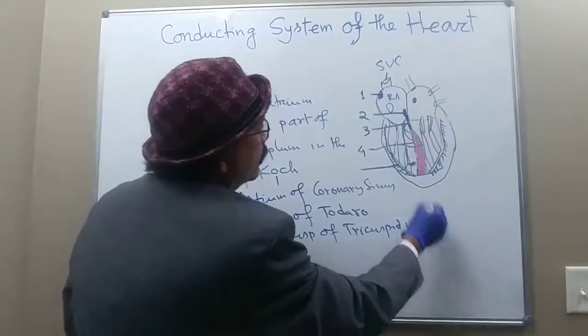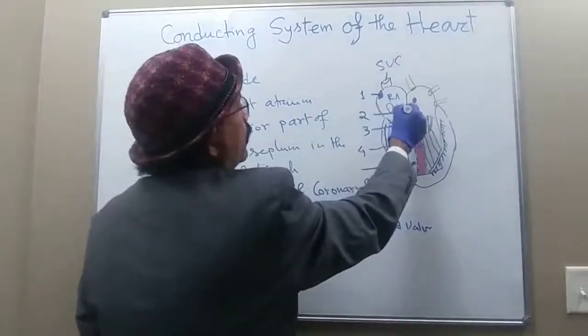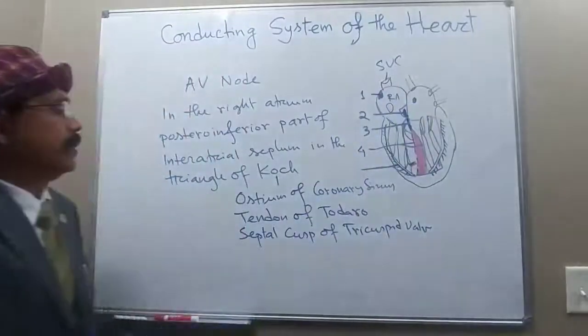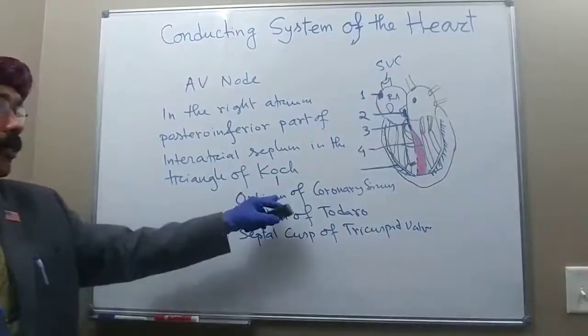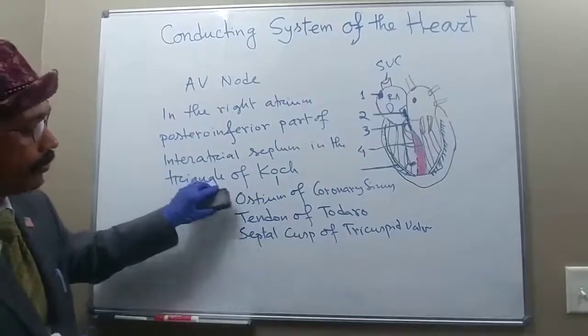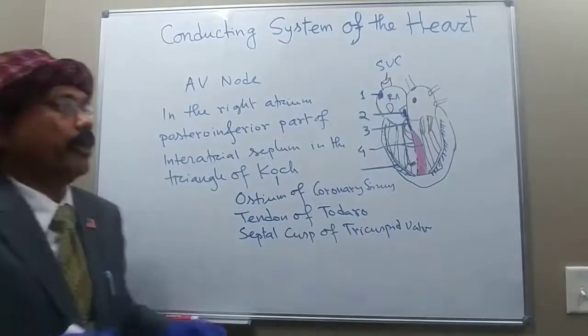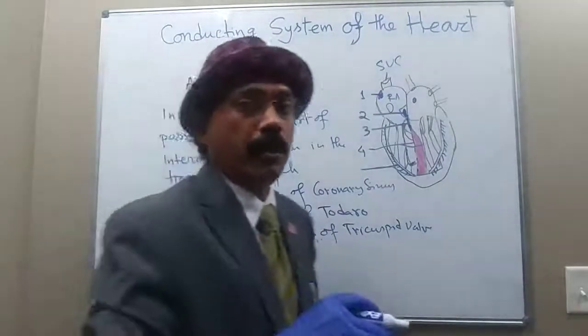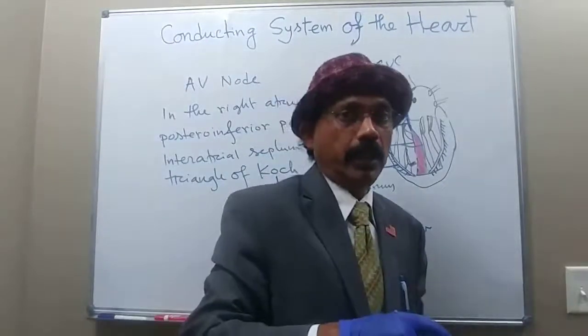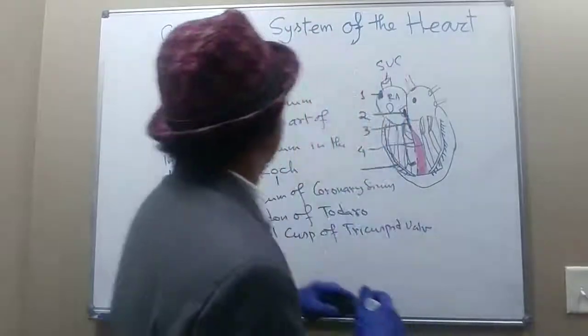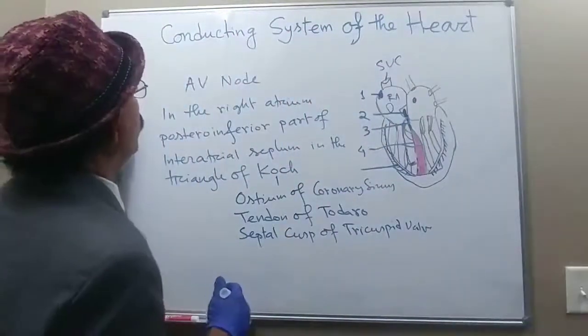So it is located in a triangular area here, bounded by the opening of the coronary sinus, the tendon of Todaro, and the septal cusp of the tricuspid valve. It lies just above the endocardial cushion in the developing heart. Okay, we got the AV node.